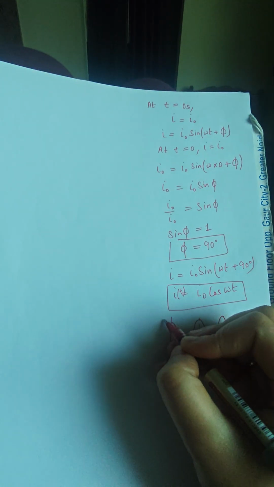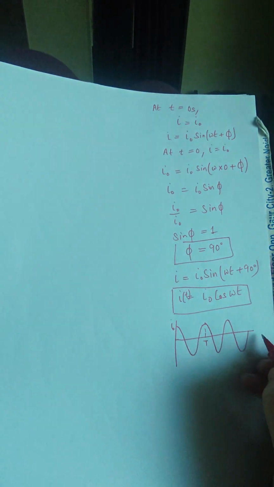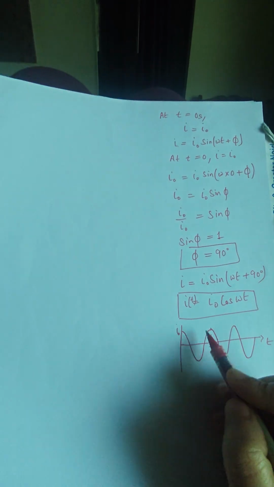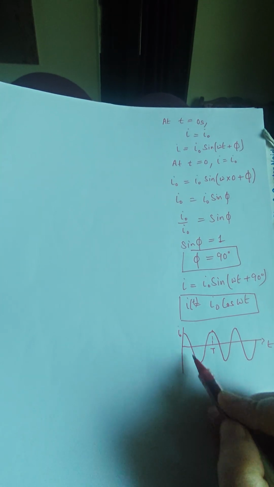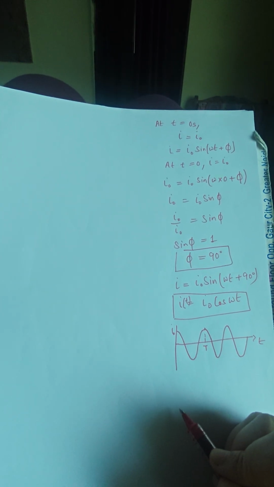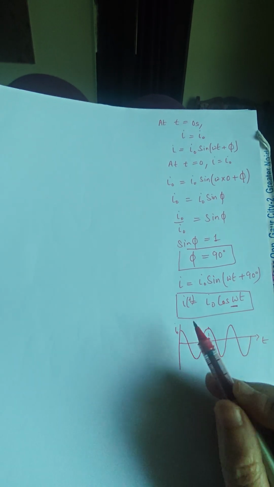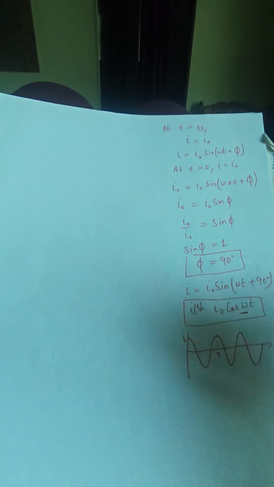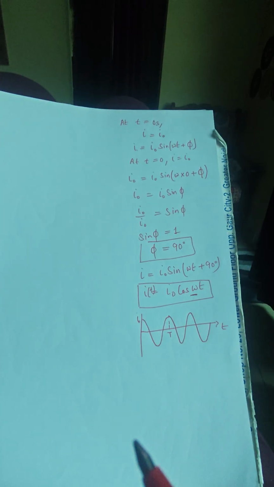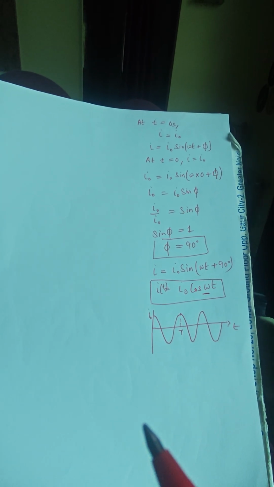So this is your I versus t graph again, and you can always find the time period, the time in which the cycle completes itself. It's quite important. This omega is very important when you will be applying alternating current to a capacitor and an inductor.